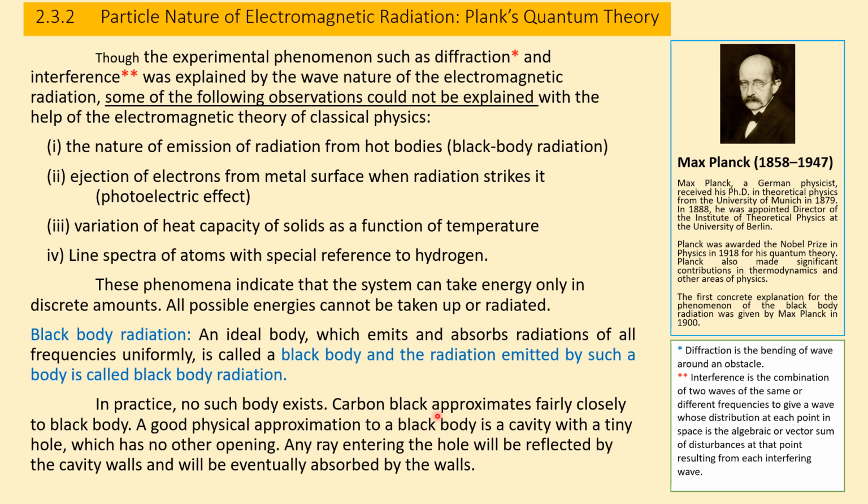Carbon black nearly approximates a black body. A good physical approximation to a black body is a cavity with a tiny hole which has no other opening. A ray entering the hole will be reflected by the cavity walls and will eventually be absorbed by the walls. We will study about these things in subsequent slides.